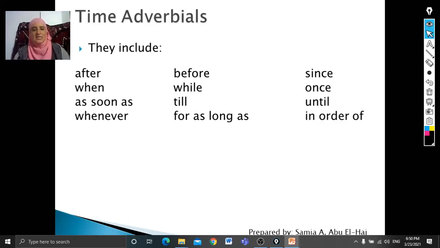So I can say, I will see you after class, or I will see you when you finish the class, time. I will see you as soon as you finish the class, time as well. I will see you once you finish the class, time. Do you understand? So those are indicative of time. So if you see before and after, and you have subject and verb, the whole sentence is an adverb of time. Okay, look at these sentences.